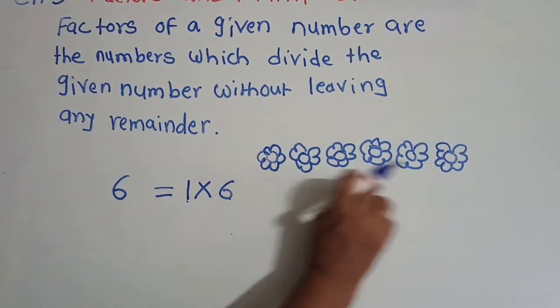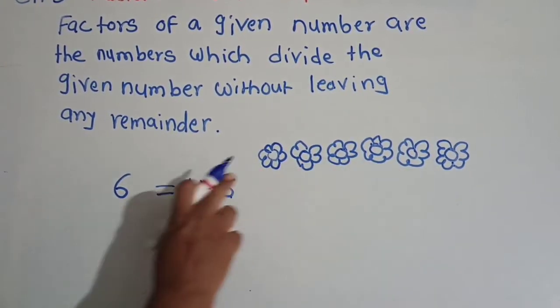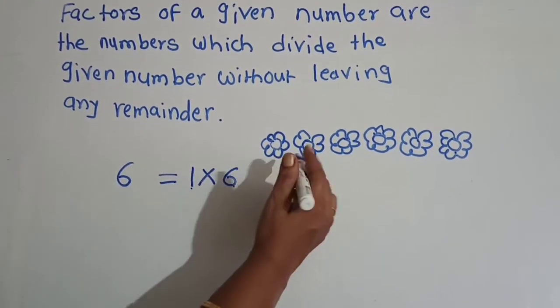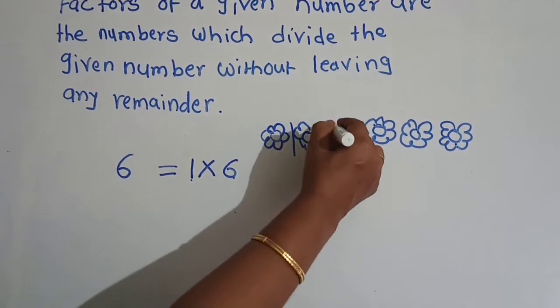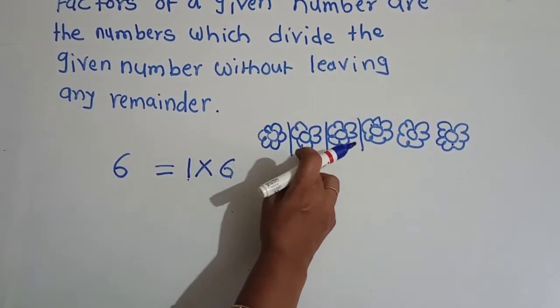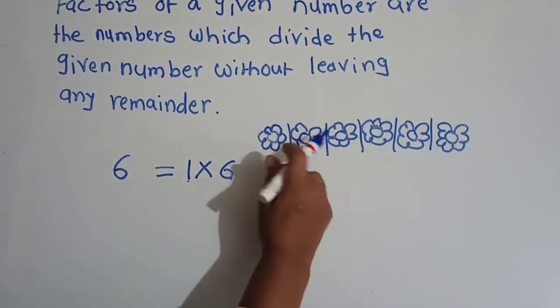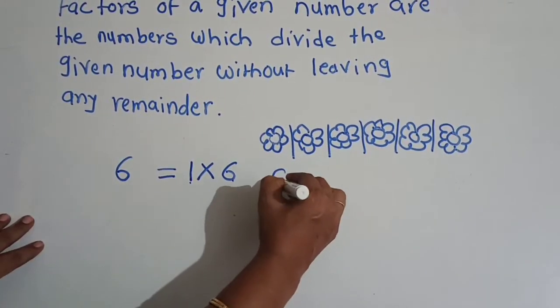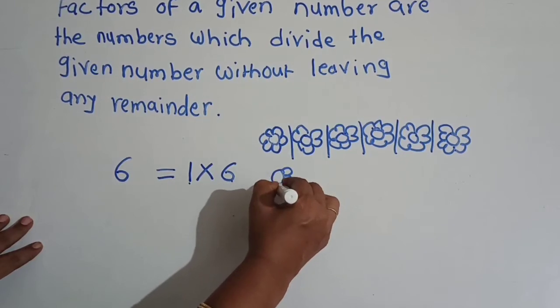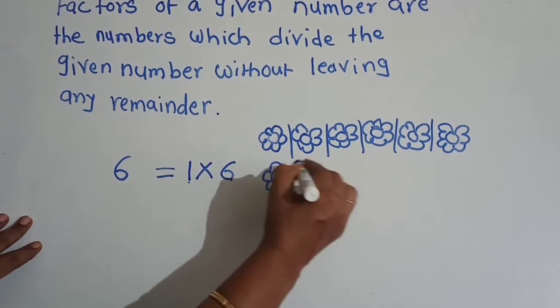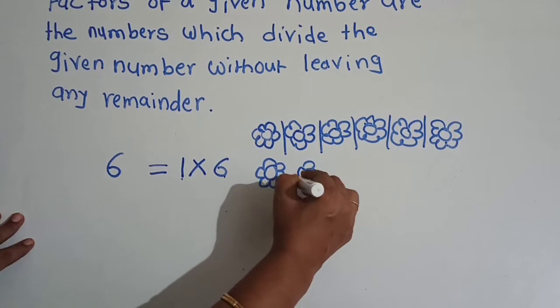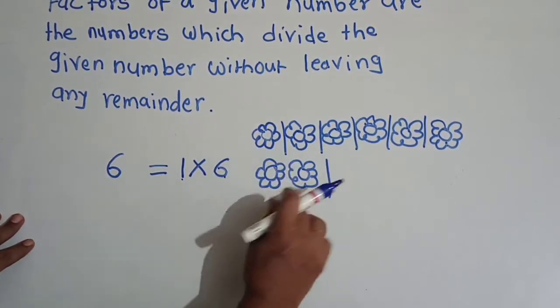If here are 6 flowers, this is a group of 6. Now if we make a group of 2 flowers, 1 2, this is one group.